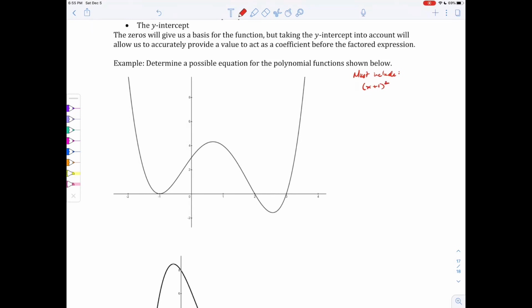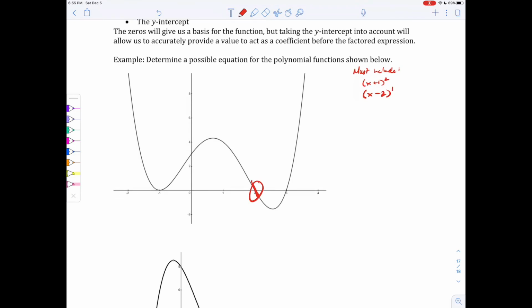We also have to have at least an x minus 2, and that cuts right through, so that'll be to the power of 1, and similarly an x minus 3 to the power of 1, because it's not wiggling through, it's just cutting straight through. So we have to have all that.